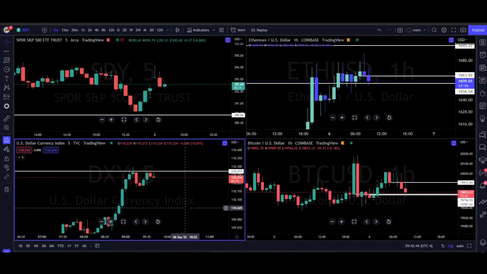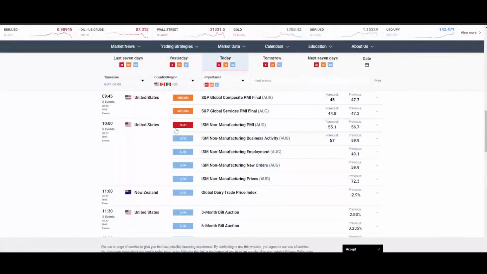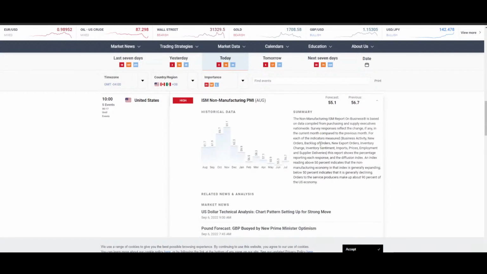Dollar still trading at yesterday's high. What news is coming out today? ISM manufacturing. Non-manufacturing. ISM non-manufacturing PMI. Here it is. If you read it, it doesn't really tell you a whole lot, right? It just tells you what it is. It has been trending lower.